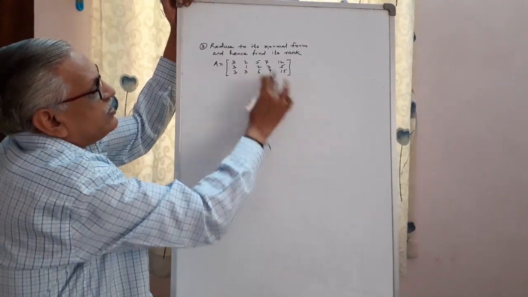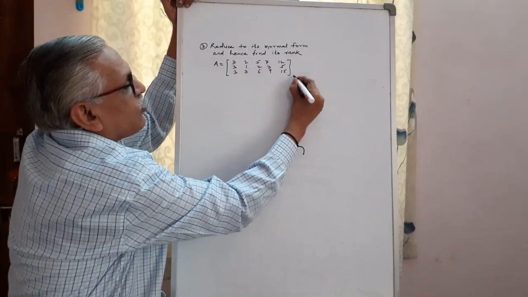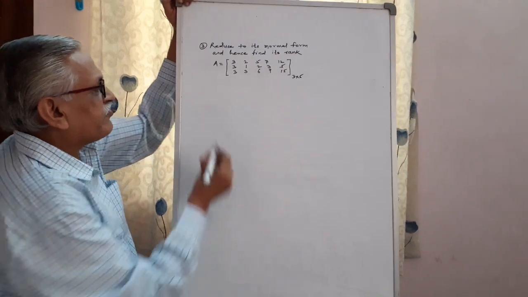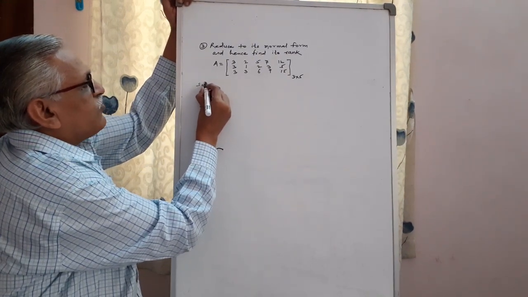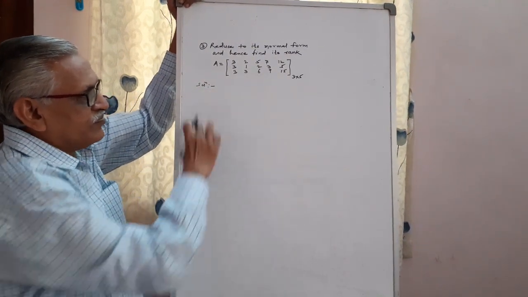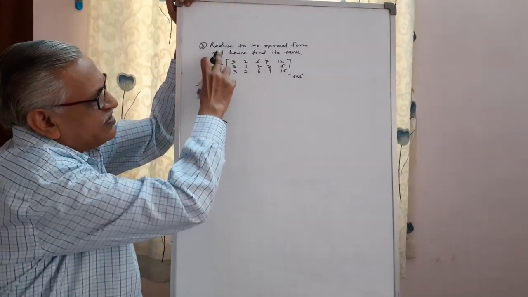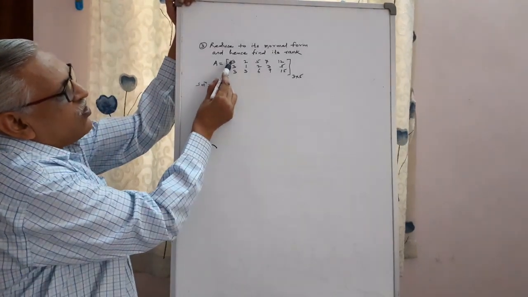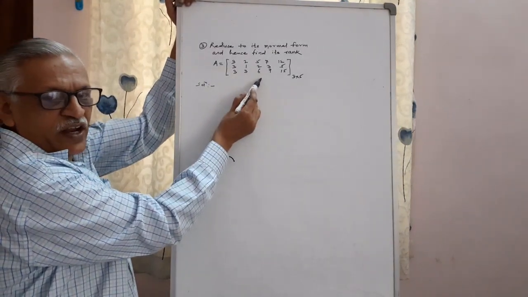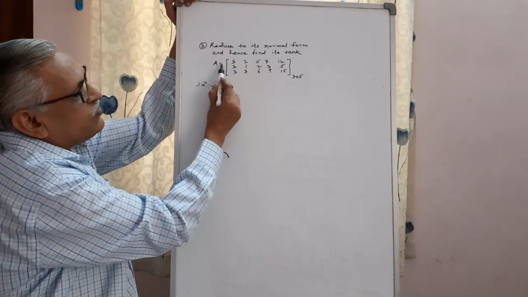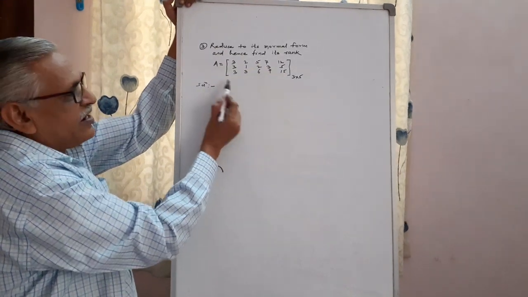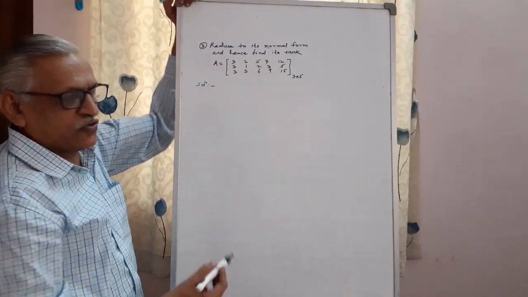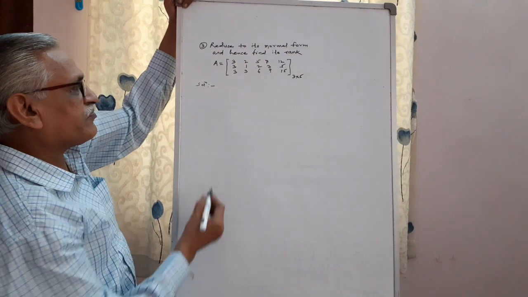Here we have 3 rows and 5 columns. Therefore order of this matrix is 3 by 5. Okay. Therefore to reduce it to its normal form, once again we try to convert this to canonical form. Canonical form is converting all the diagonal elements as 1 each, lower to 0 by row transformation, and after getting canonical form, converting upper diagonal elements to 0 by column transformation.